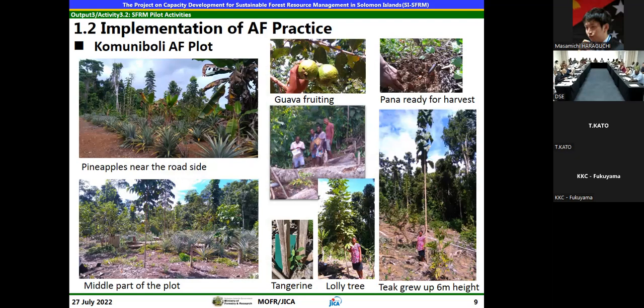And you can see guava, the medium-term crop, and short-term crops. From here, you can see the teak trees have grown very fast to a height of 6 meters. So that's the overall overview of the agroforestry plot in Komuni Boli.